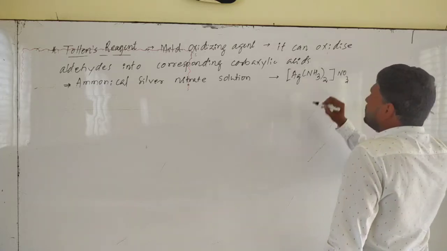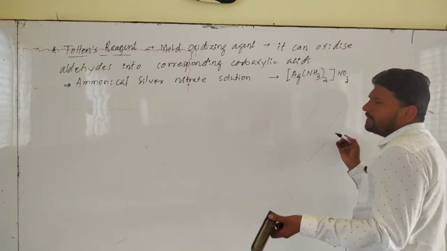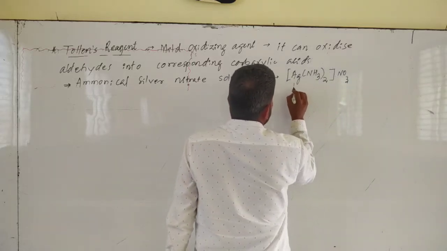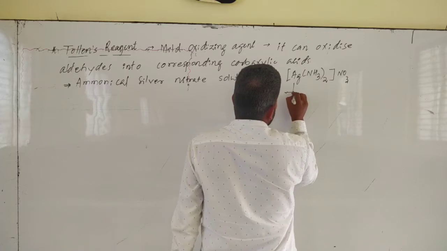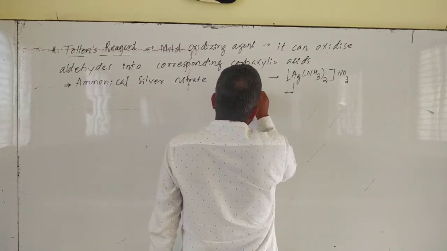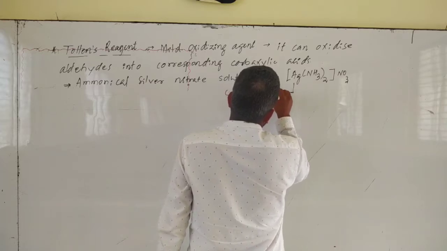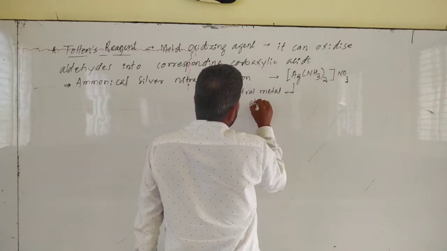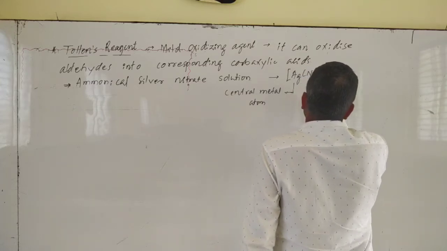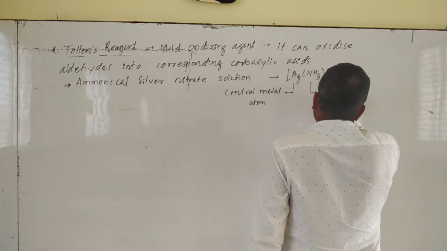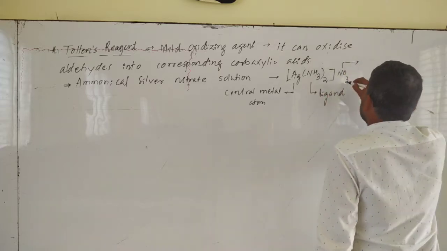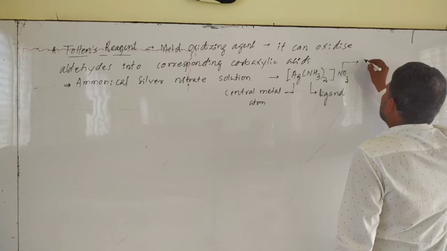Silver is known as central metal atom, ammonia is known as ligand, and NO3 minus is known as counter ion.